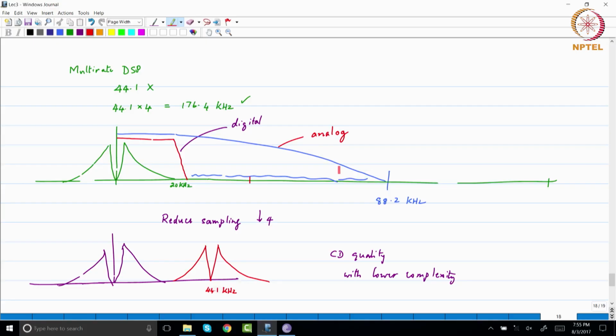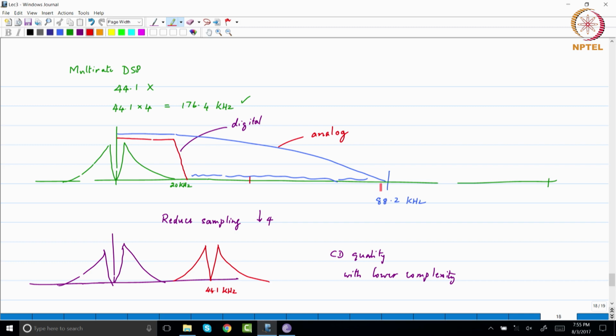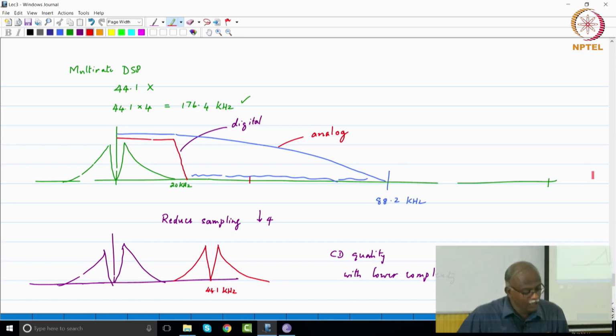No? There is no aliasing. Why? Because of omega s by 2. Right, what we did was sample at 176.4, so no aliasing there.